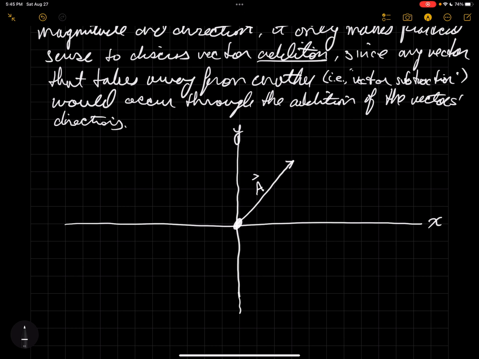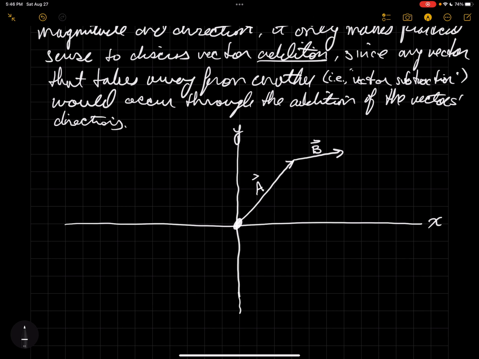And then, say after the particle displaces along vector A, perhaps then it displaces along vector B. And the question is, what is the resulting location after undergoing these two vectors?